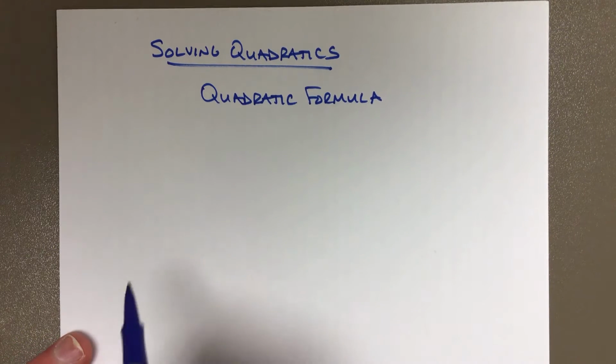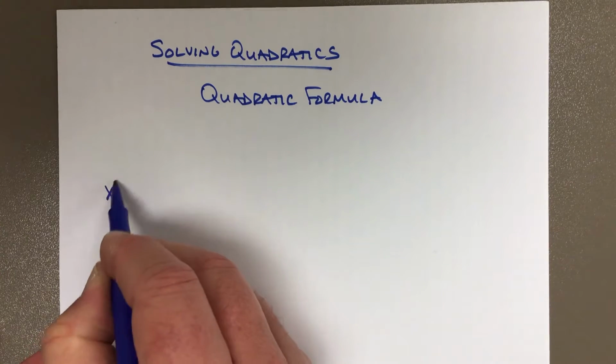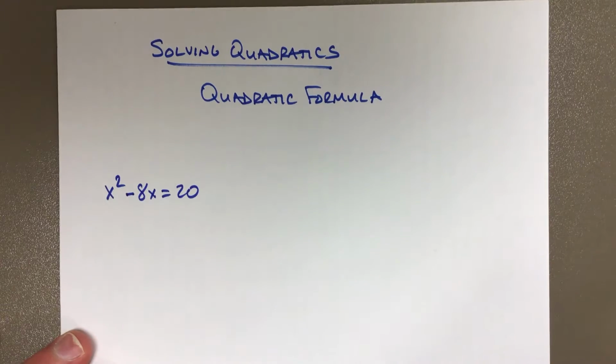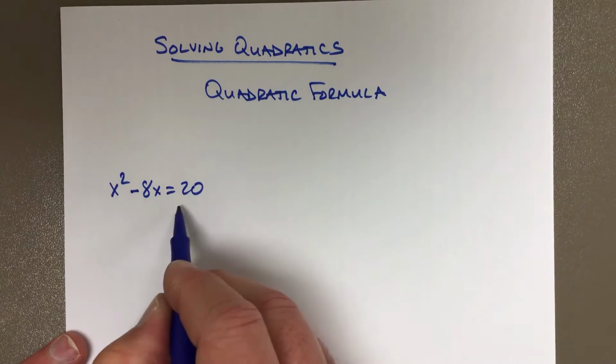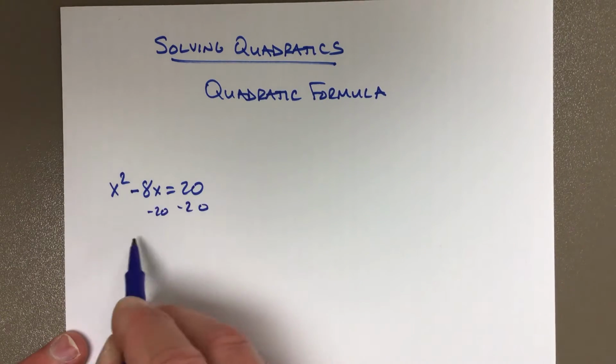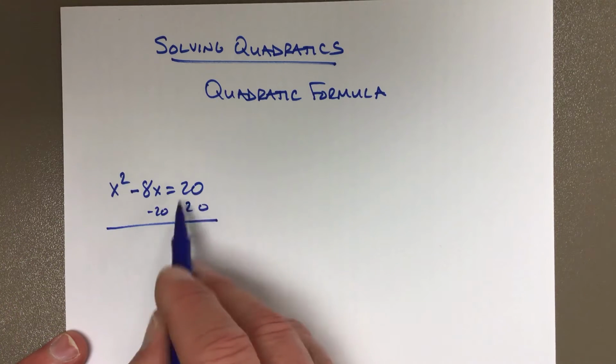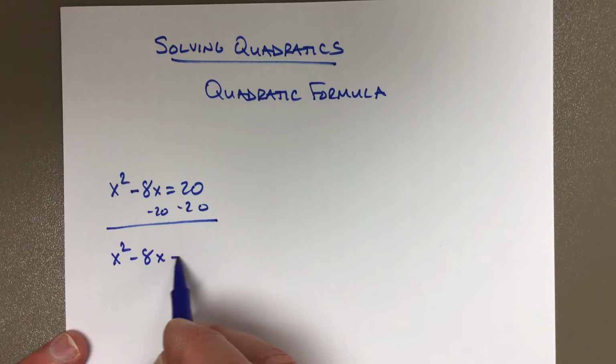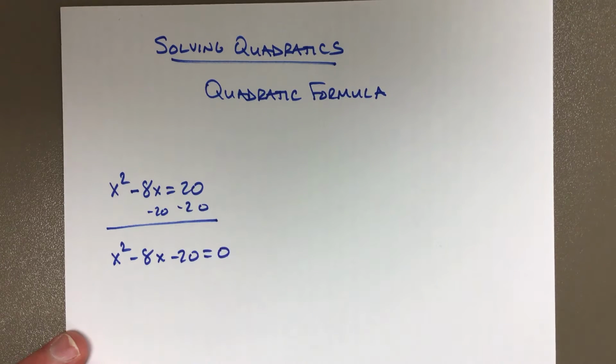The first thing is that we're going to have x squared minus 8x equals 20. Remember that the first step is to move the 20 to the other side, to get this side equal to 0. So we have x squared minus 8x minus 20 equals 0.